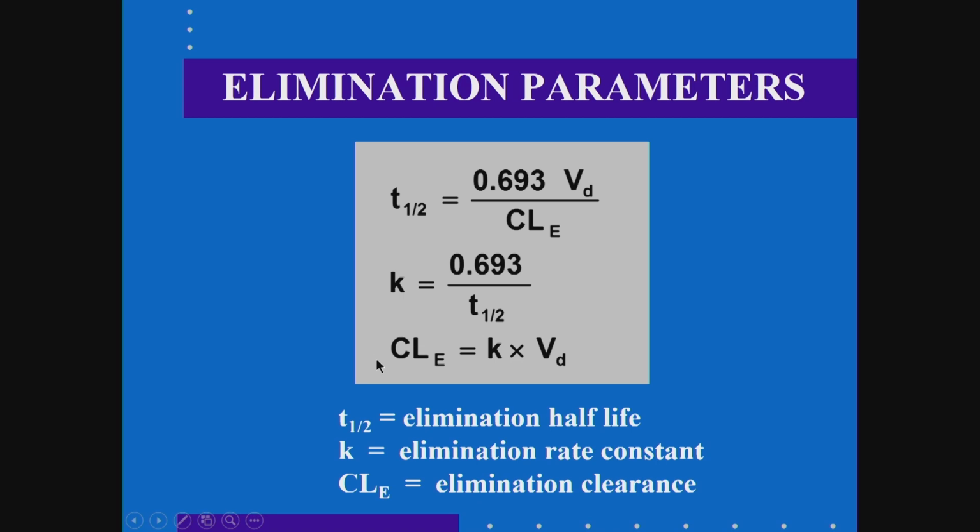And finally, the elimination clearance can be calculated as the product of K times the apparent volume of distribution. But in fact, K does not determine clearance. This is one way to estimate the clearance of elimination, but in fact clearance determines both the half-life and the first order rate constant.